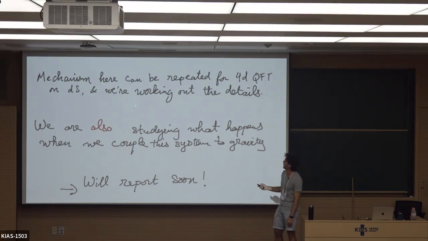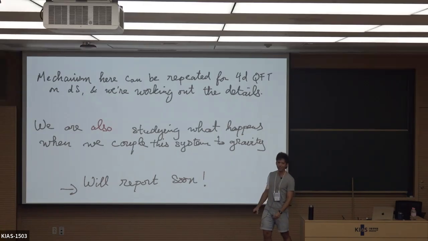In fact, we're now trying to repeat this for 4-dimensional QFT on de Sitter, which would exhibit the same type of phenomenon. And going back to what Shota was mentioning, we're also interested in understanding what happens if we couple this theory to gravity.